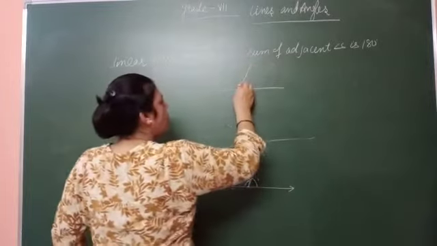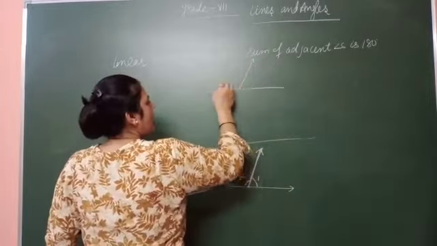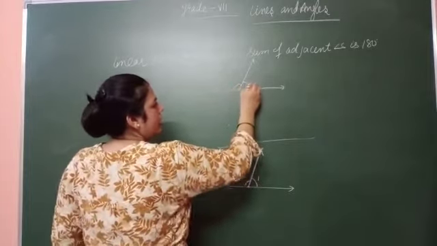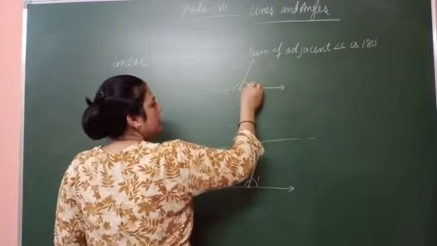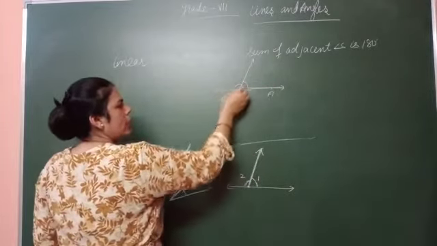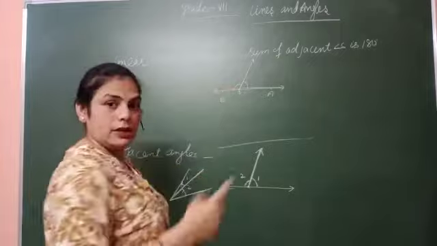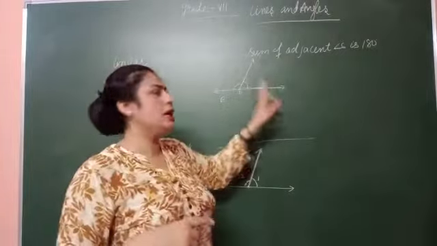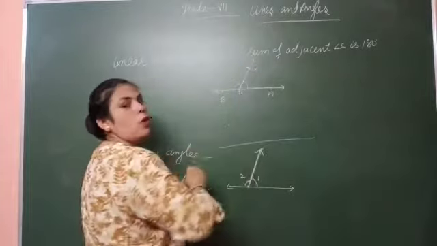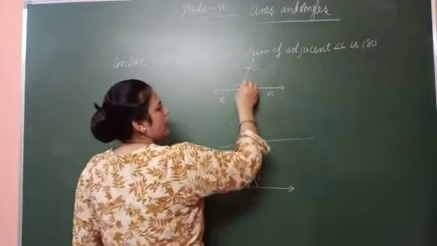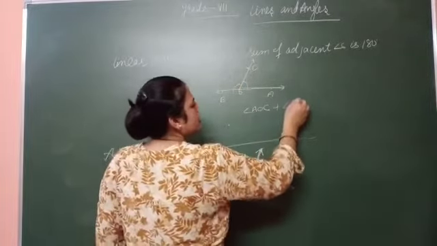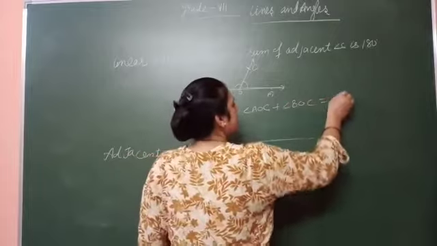One arm is common and the other two arms are opposite to each other. Like one arm, OA, goes to the right, then OB will go to the left, opposite to it. And this is the common arm, that is OC. So angles AOC and BOC, their sum is 180 degrees.